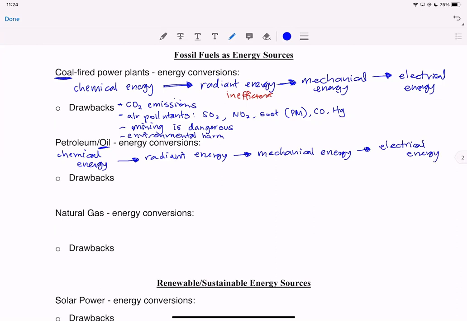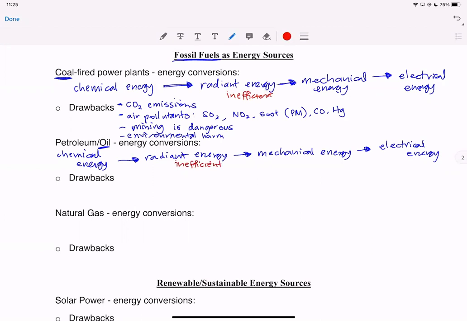It's the same exact process. As I mentioned, the whole goal is to get heat, and that's from a combustion reaction for all three of these fossil fuel energy sources. So what were the drawbacks? The drawbacks are that this is still inefficient, because of the loss of heat that happens when you are basically boiling this water.